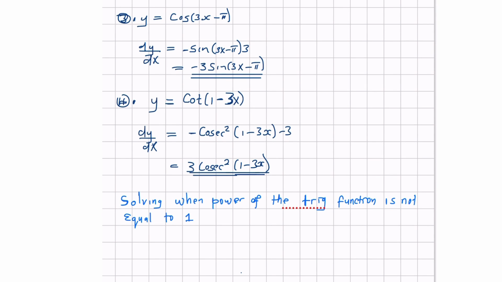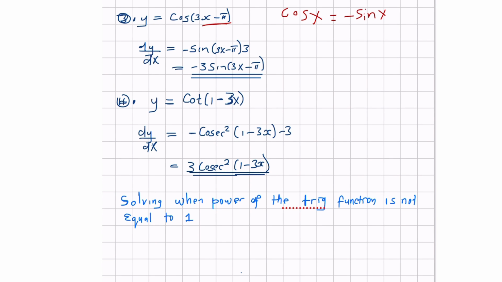So the next example that we have is y equal to cos in brackets 3x minus pi, right? Which is this one here. So it's the same principle that we're going to apply. The derivative of cos is minus sine. So the derivative of cos of x, remember, is minus sine x, right?